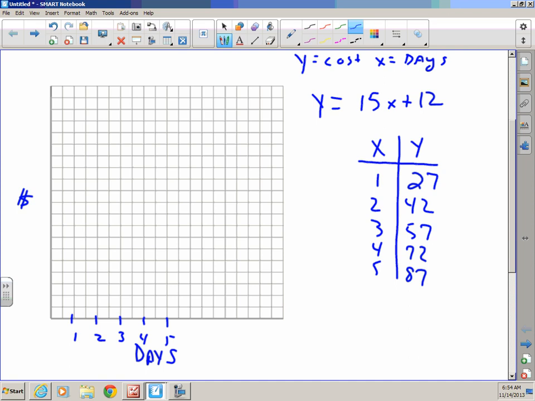Because I know I have to get up to 87, I want to count at intervals that are large enough so that I will get my parameters here. So I'm going to count by tens.